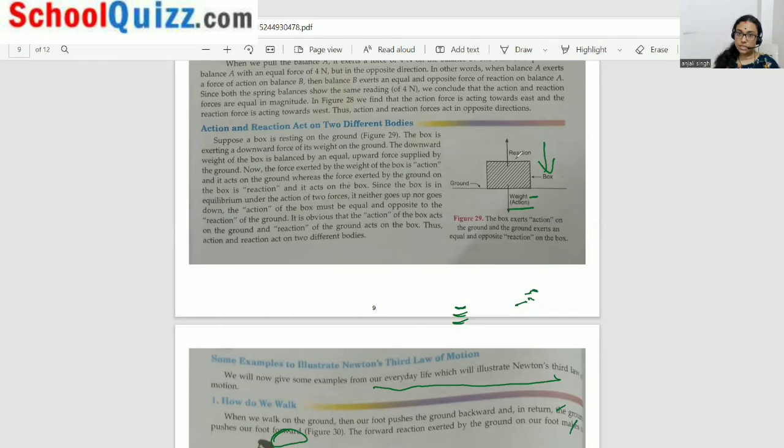And the force which is acting on the upside will be the reaction force. Clear, everyone? Action force means the force acting on the downside, and the reaction force is acting on the upside. They are always equal.